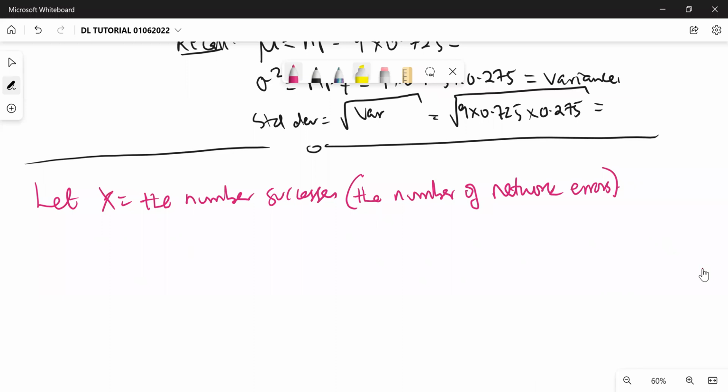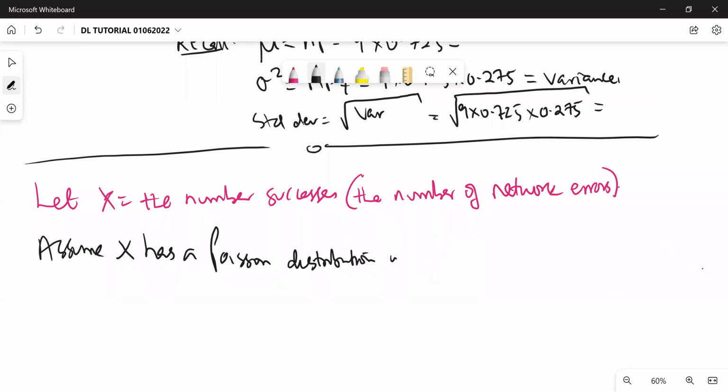Okay. We are told to assume X has a Poisson distribution with the mean number of successes, that is mu, which is lambda.